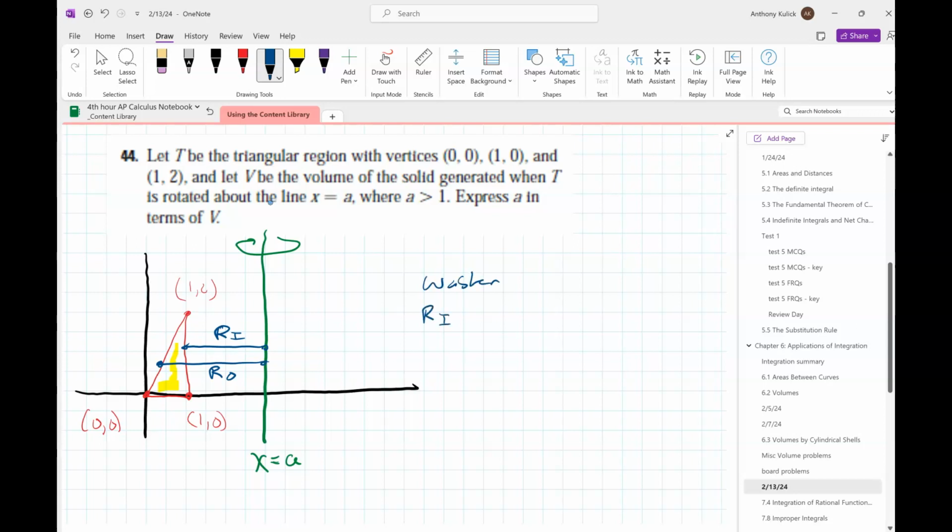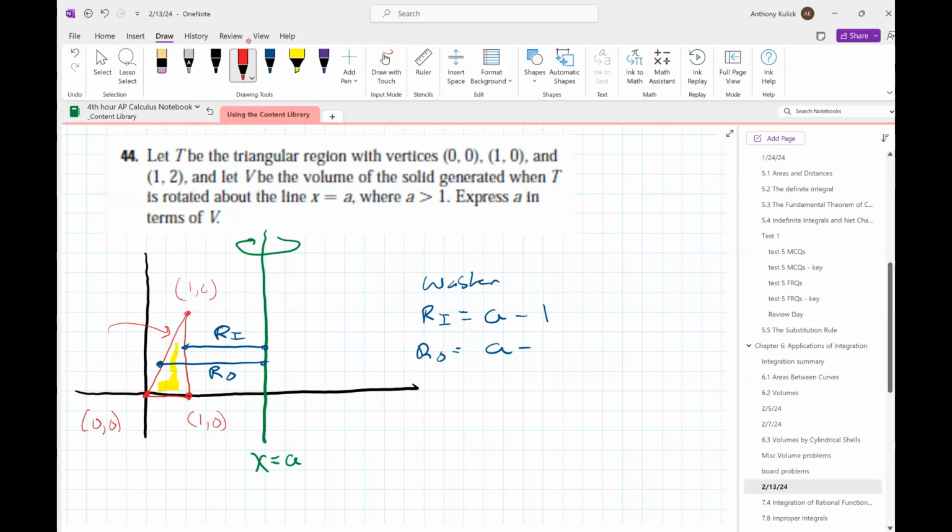So R inner is going to be, excellent. Everybody agree? R outer is going to be, nope. We need an equation for that line.